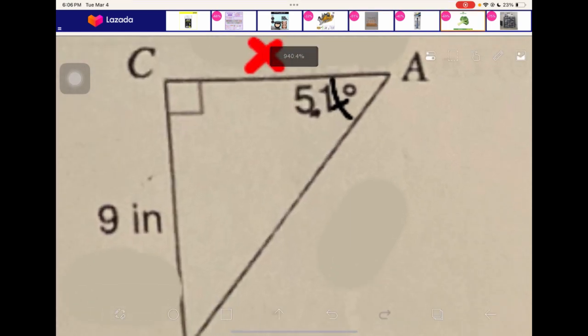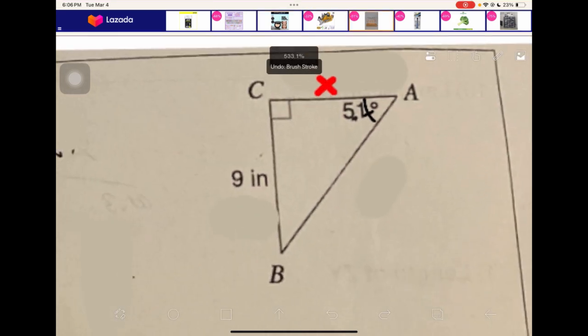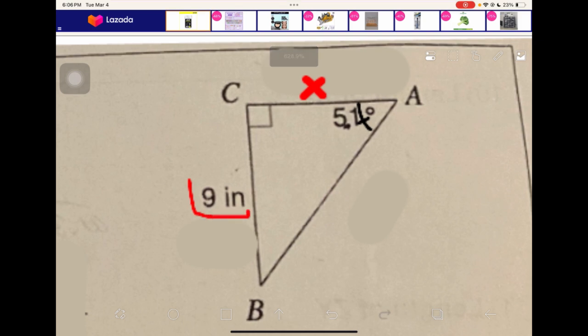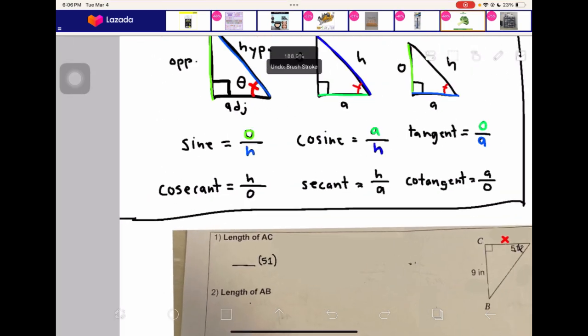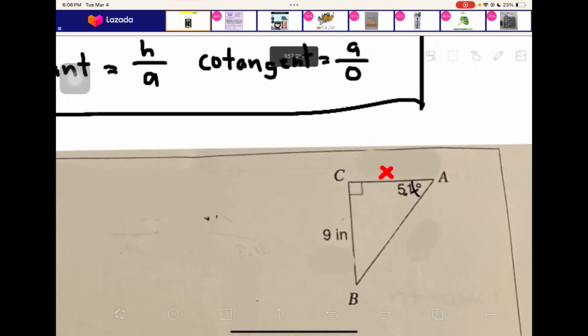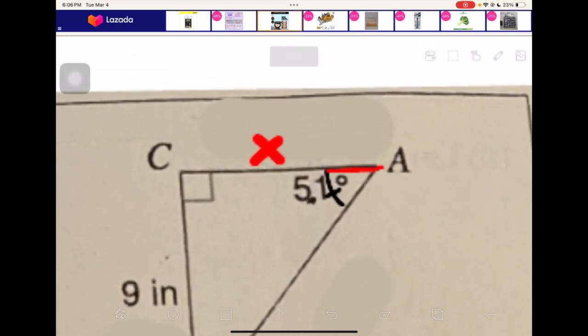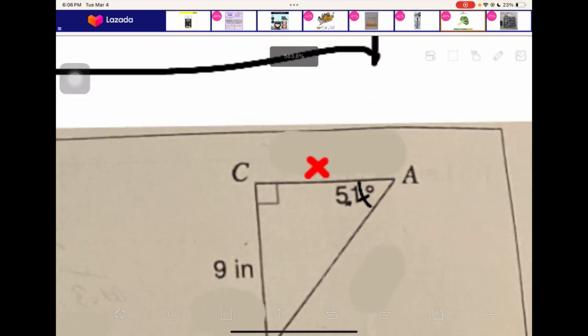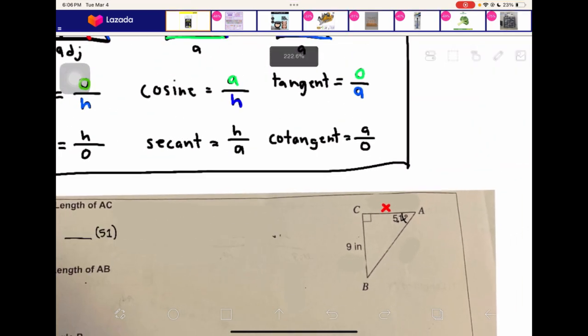First and foremost, let's draw a line from A just going straight. And as you can see, we hit here, BC, which means we're dealing with 9, which is an opposite. So this line is an opposite because A is our theta. And then we also have AC, which is closest to this angle, which means this is an adjacent.